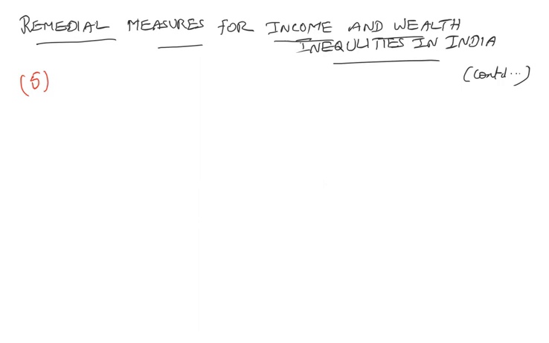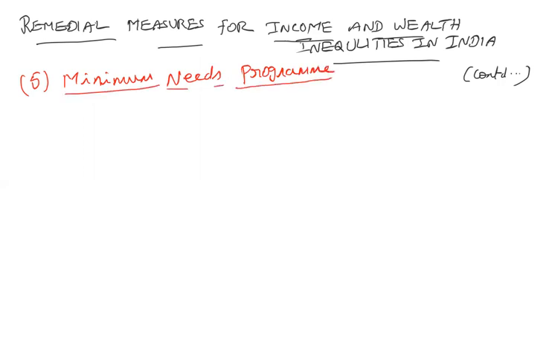Now moving on to the next measure, the 5th one, something called the minimum needs program. What happened was, when the government started the planning process in 1951, the government was mainly concentrating only on the increase in the growth rate of national income and per capita income.